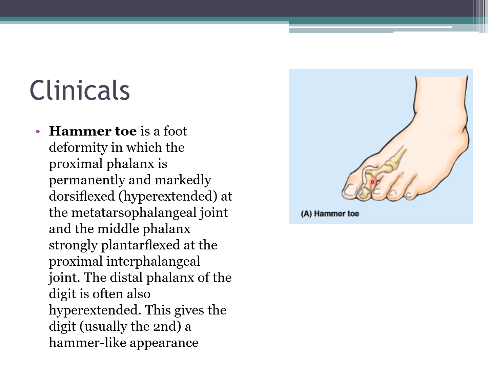The distal phalanx may also be somewhat hyperextended. This gives the digit, usually the second digit, a hammer-like appearance, and it is known as hammer toe.